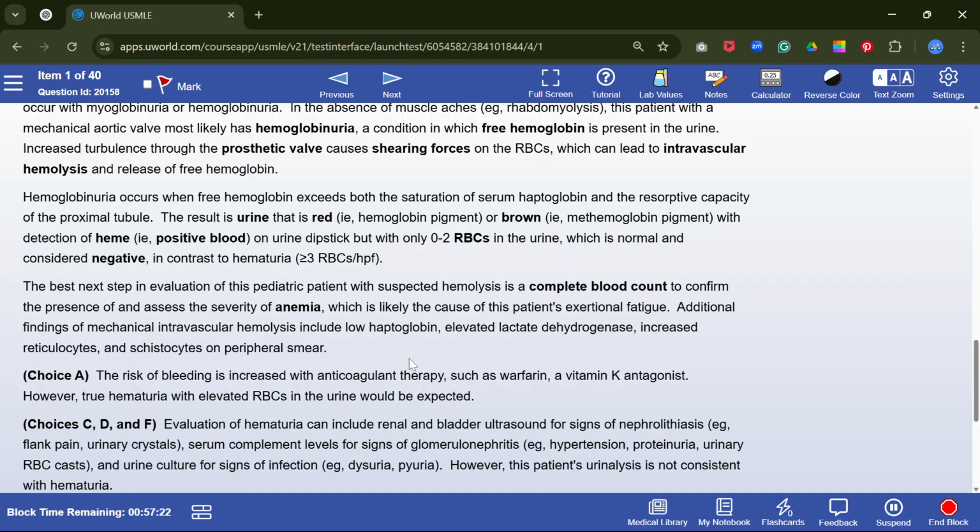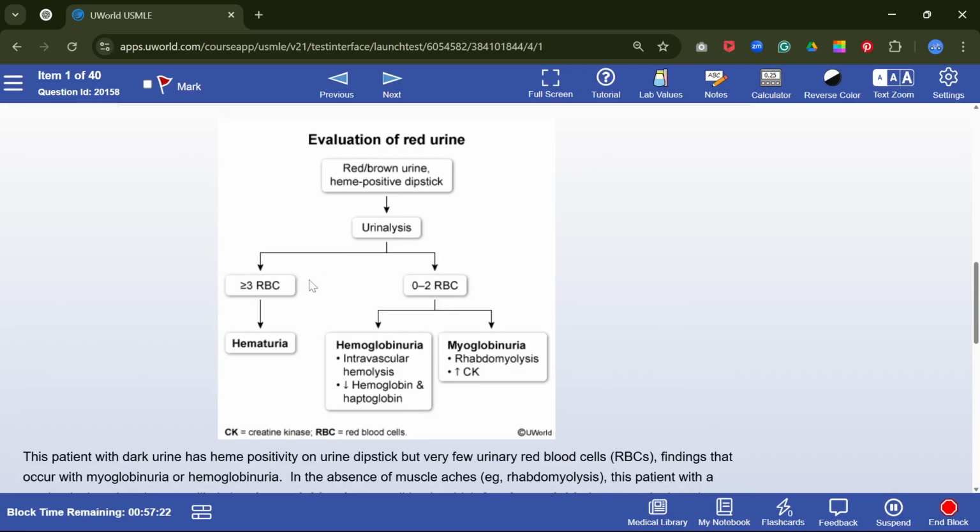Additional findings of mechanical intravascular hemolysis include low haptoglobin, elevated LDH, increased reticulocyte count, and schistocytes on peripheral blood smear. So we are looking for anemia. That's why CBC. If there is more than 3 RBC, it is hematuria.